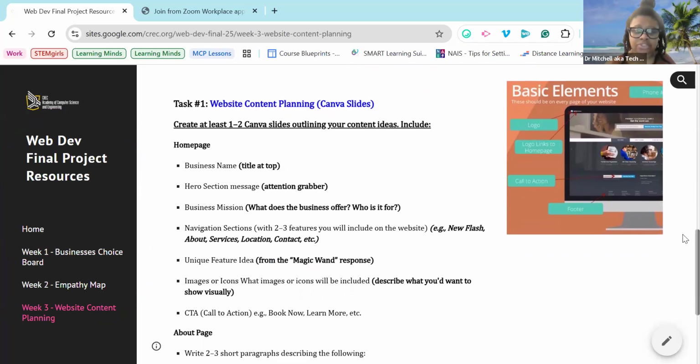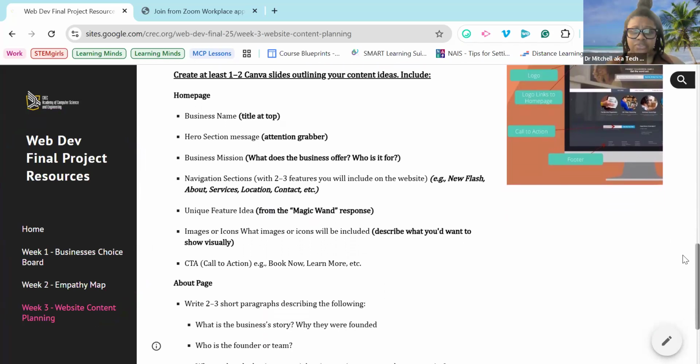So it should include the homepage, business name, your hero section, which is the attention grabber, also your business mission. What does the business actually offer? Who is it for? So, who is this website for?